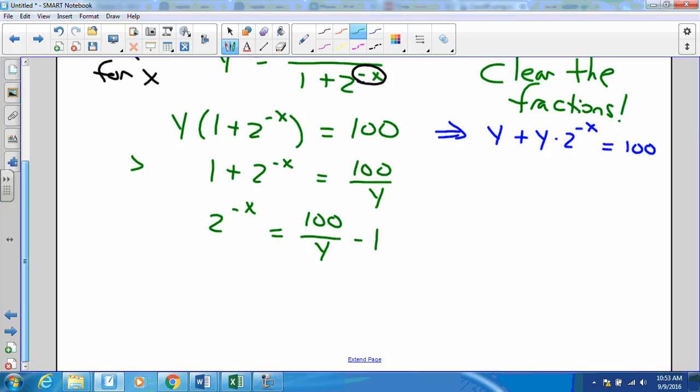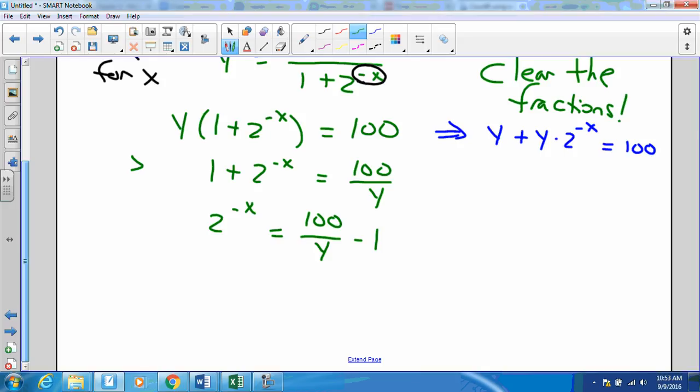What is the inverse of 2 to the splat? Is it 1/2 x? What is the inverse? 1 over 2x? None of the above. What is the inverse of an exponential? It's a log. The inverse of the exponential is the log.